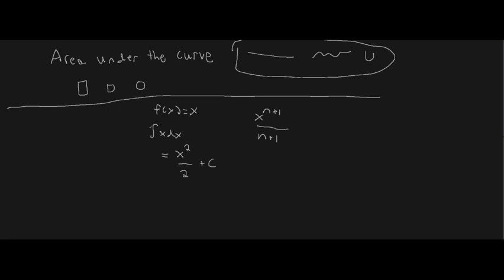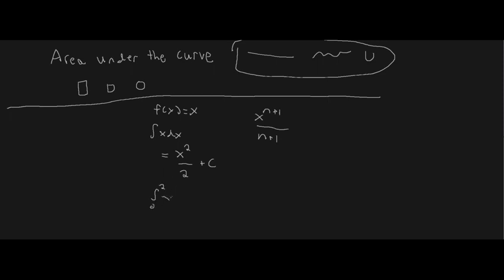But since we don't know what intervals we're using, we have to put a c there. In this case, I'm going to put an example here, and I'm going to say that we are finding the area under the curve from the interval of 0 to 2.